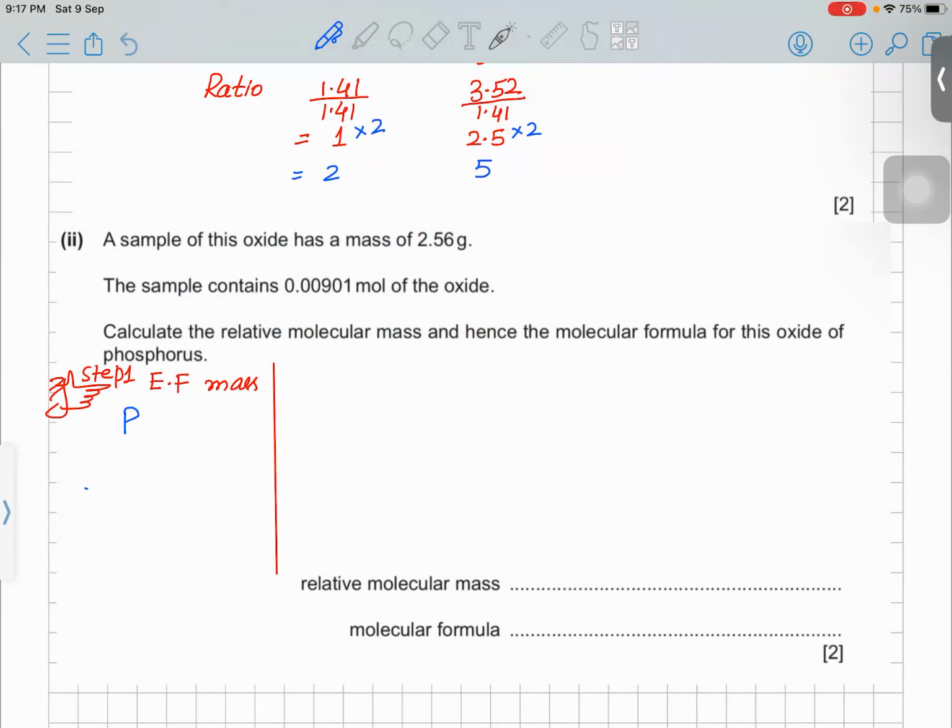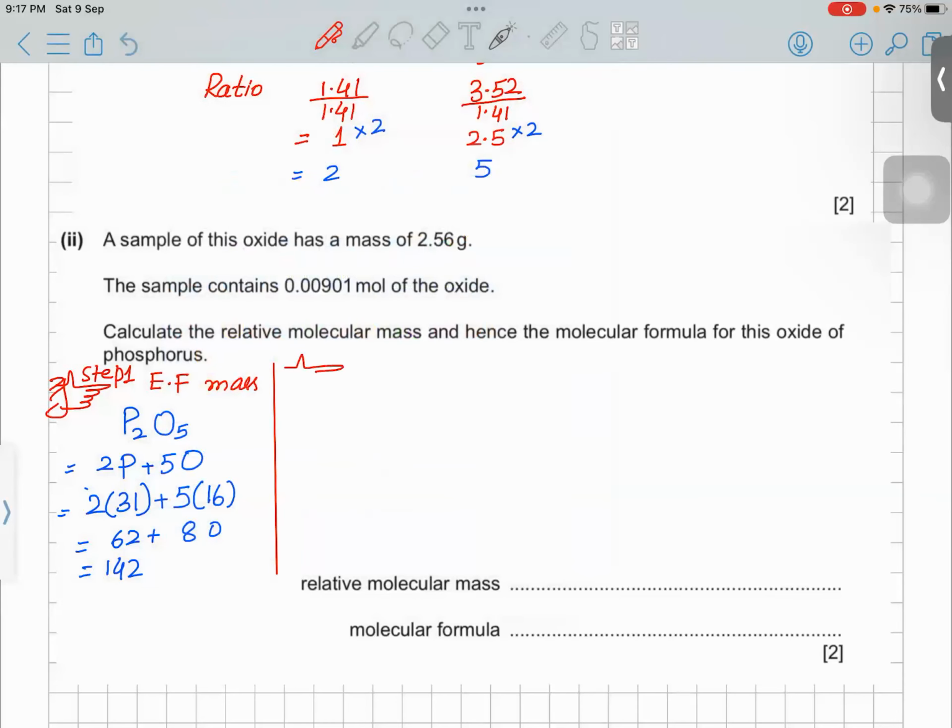So, you have P2O5, 2 phosphorus plus 5 oxygen. As you told me, phosphorus is 31, oxygen is 16. So this will be 62 plus 80, which will be 142.